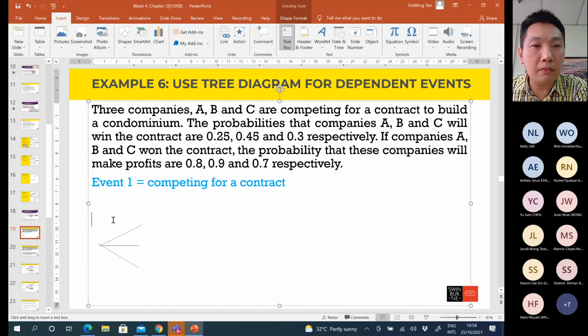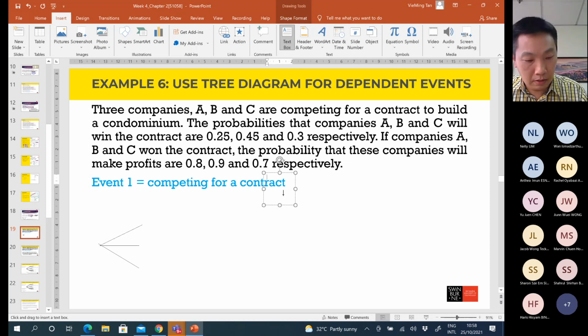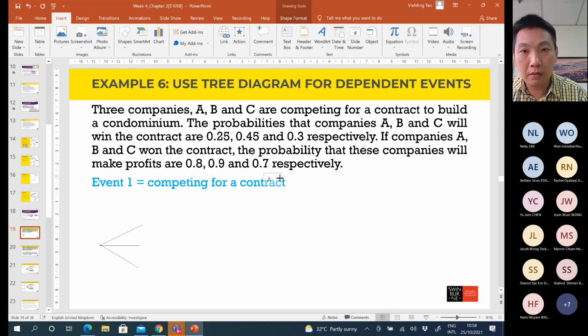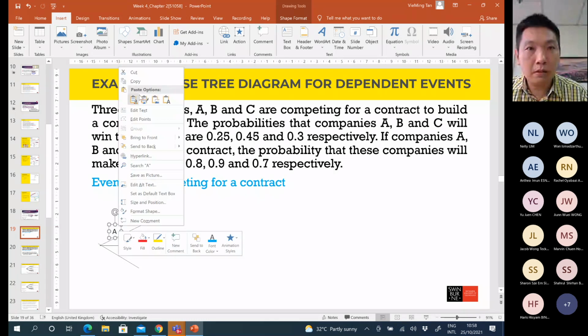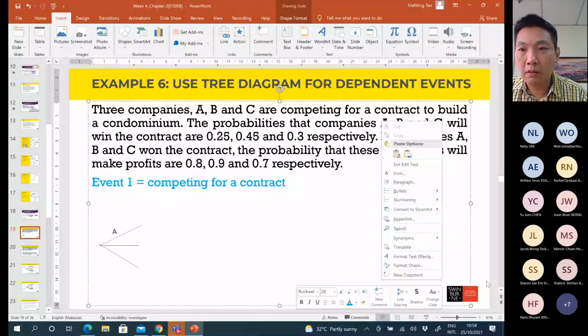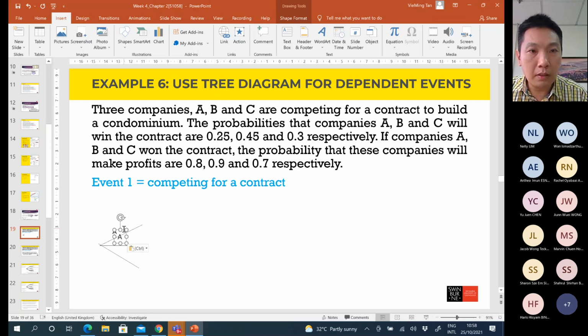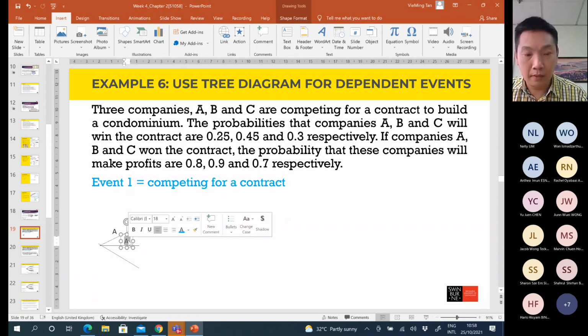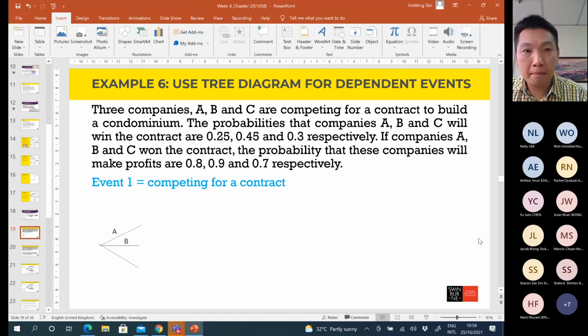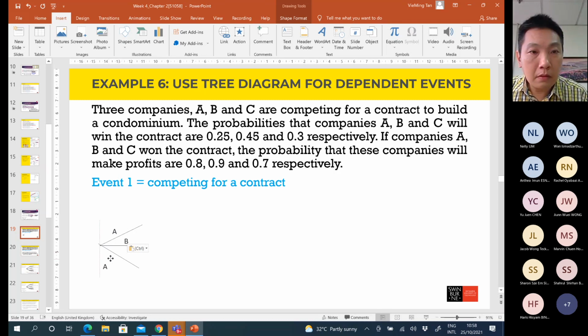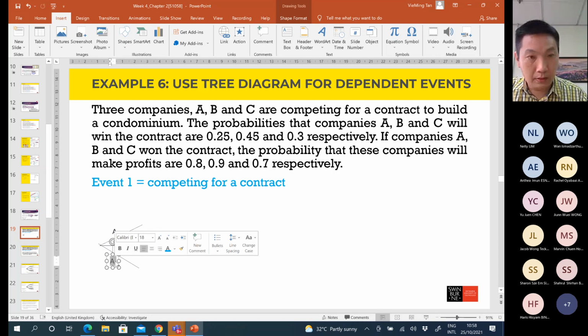Because this is only a draft, we haven't really confirmed. I put a text box. Put here A, B, C.